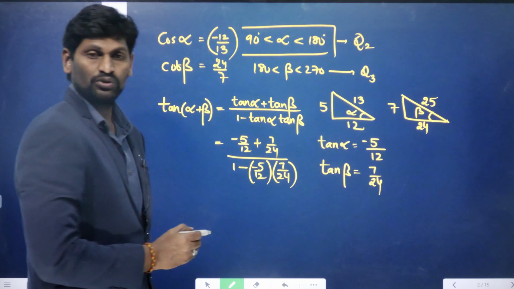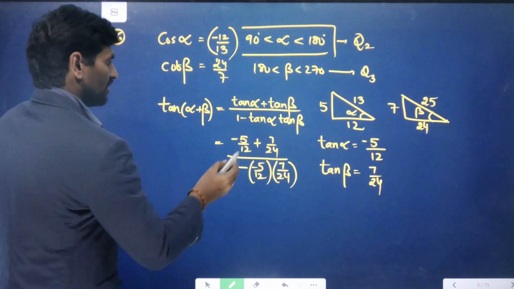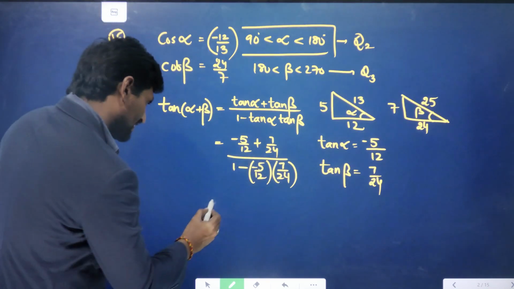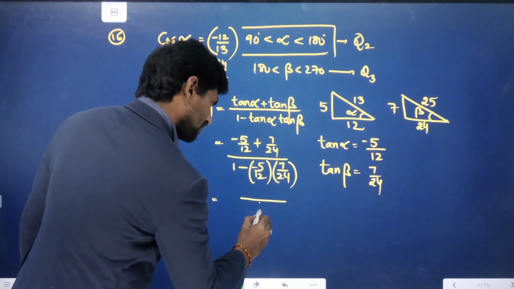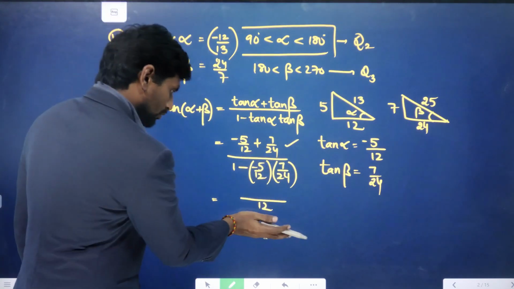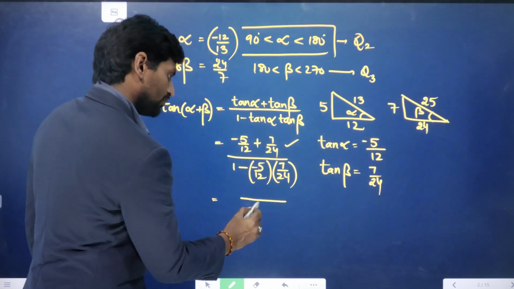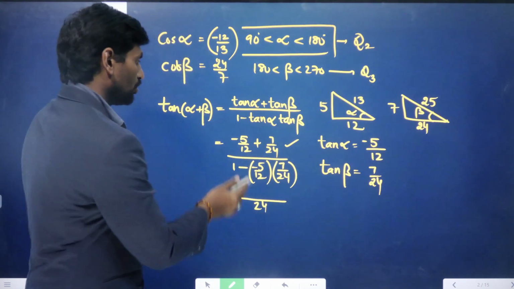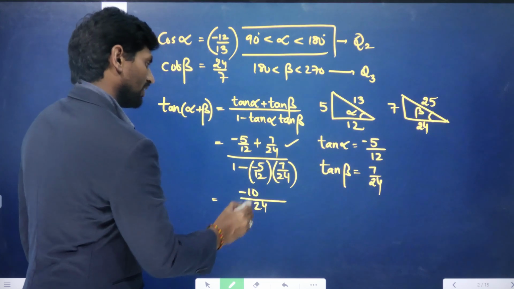Okay, let us try to simplify this. The LCM of 12 and 24 is 24. 12 goes into 24 two times, so the numerator is 2 into 5, 2 fives are 10.